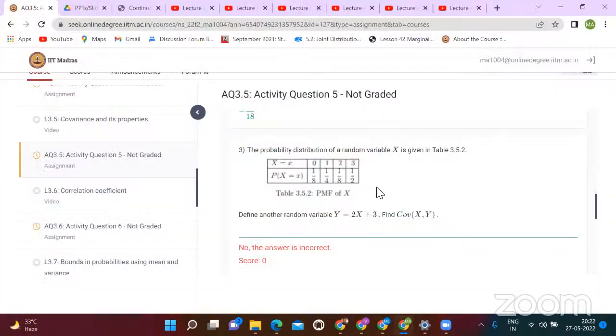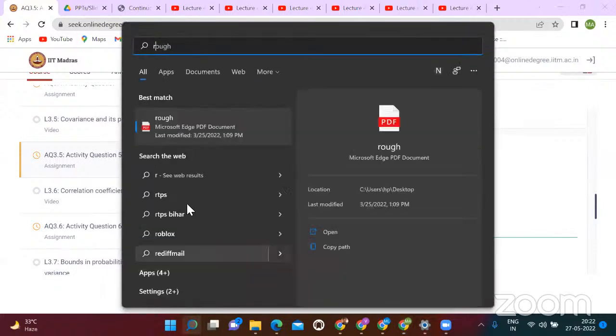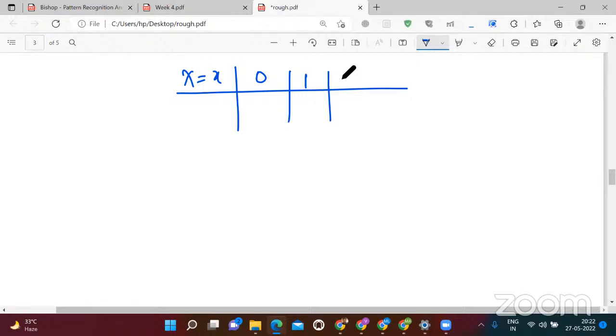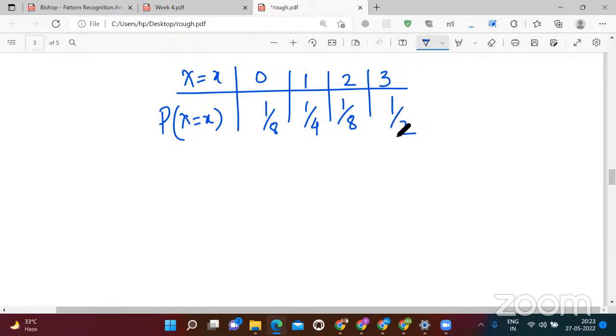This was the question, right? In this table we have x equals 0, 1, 2, 3, and the probability that x equals x is 1 upon 8, 1 upon 4, 1 upon 8, 1 upon 2, right?